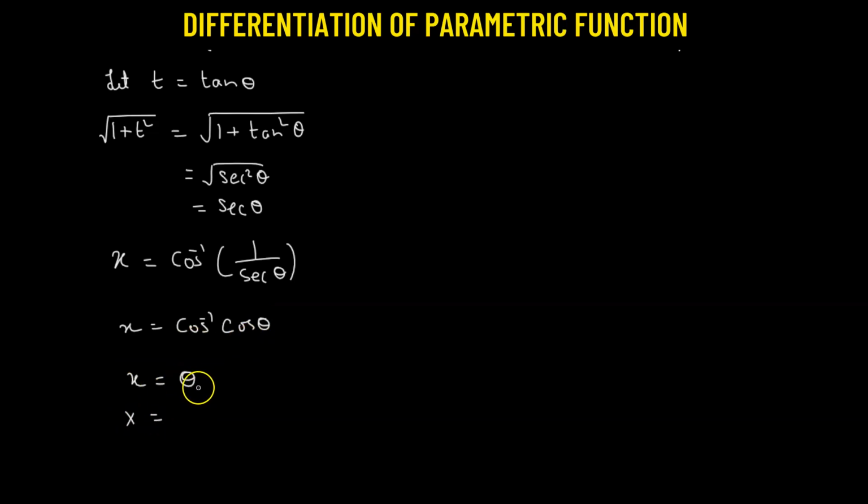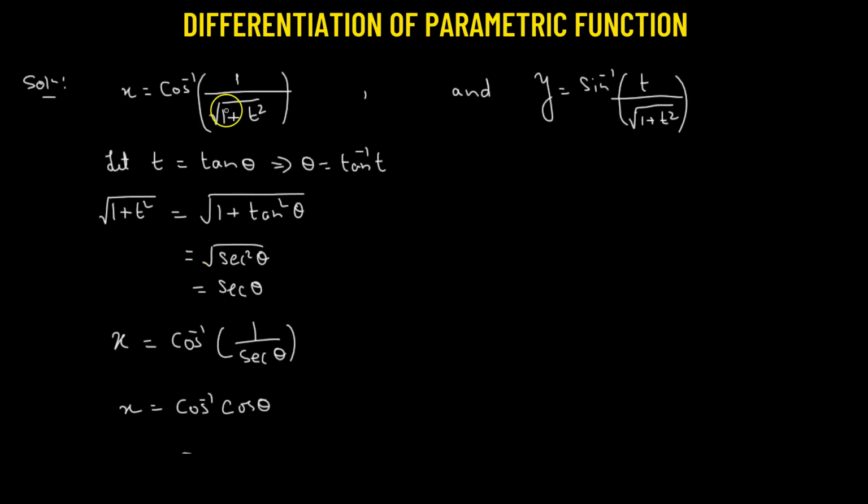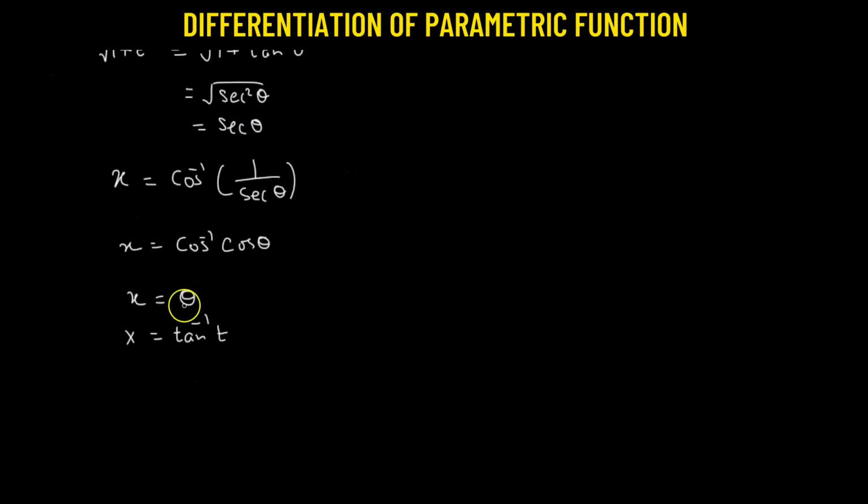Now since we took t to be equal to tangent of theta, this would mean that theta must be equal to inverse tangent of t. So in place of theta we have tangent inverse of t. Meaning we started out with x equals cosine inverse of 1 over square root of 1 plus t squared. So when we make this substitution, t equals tangent of theta, then x becomes equal to tangent inverse of t. So let's label this as equation number 1.